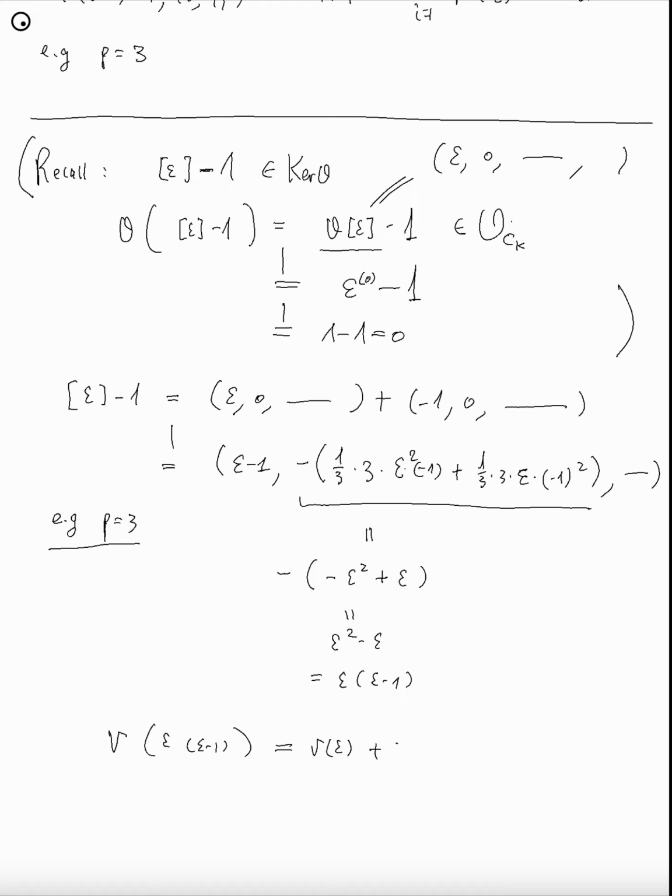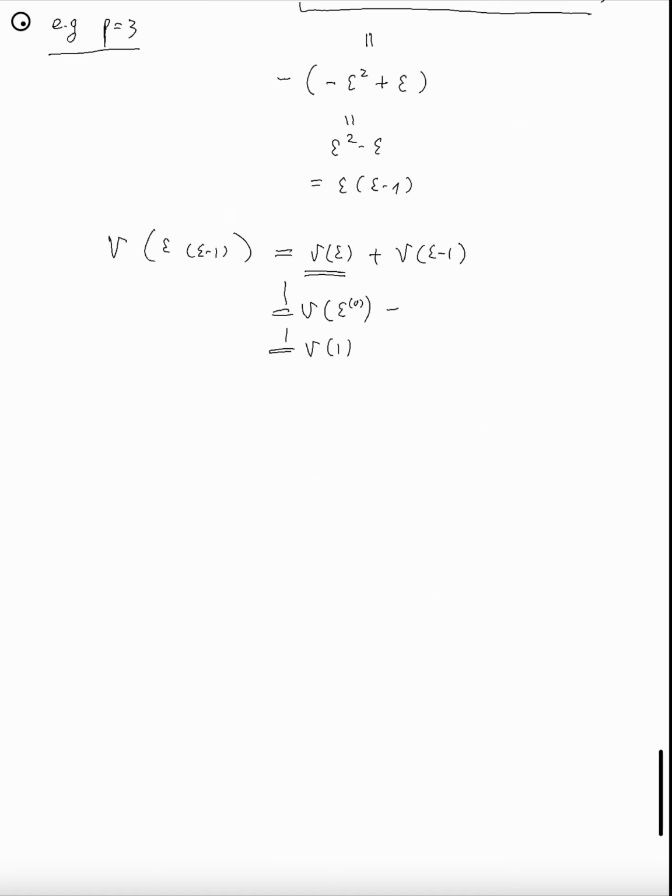We know this is just the valuation of epsilon 0, which is the valuation of 1, plus, I mean, this is just 0. So what is left is only this one. What is the valuation of epsilon minus 1?